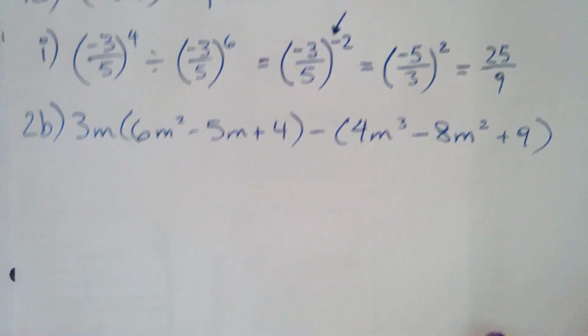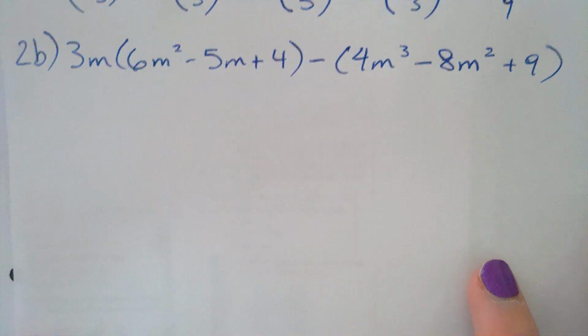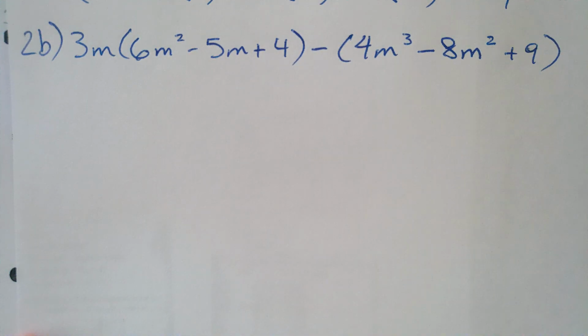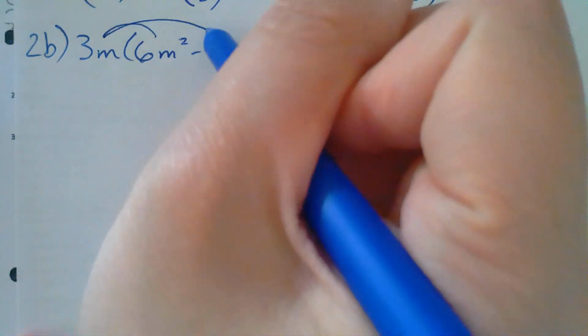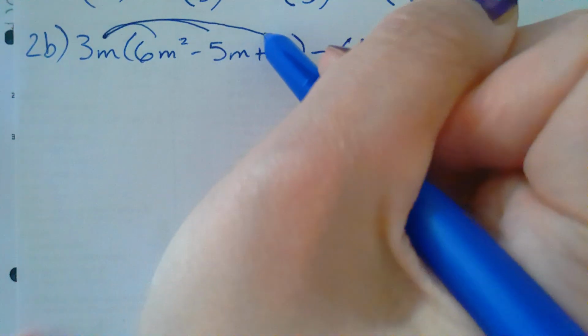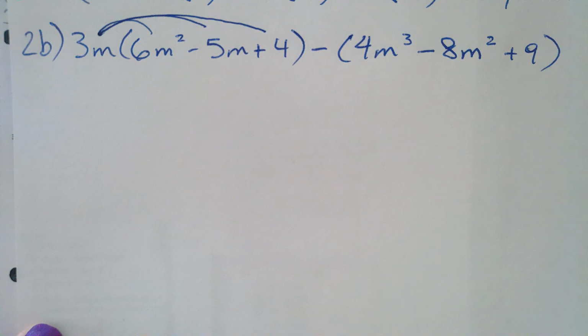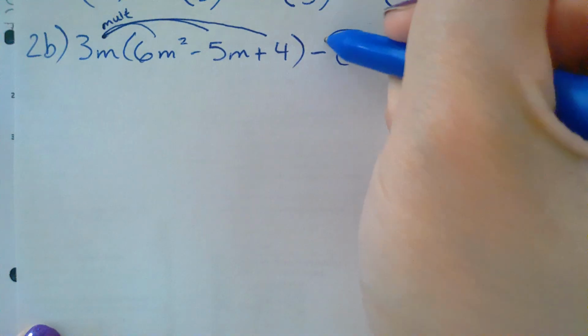Okay, because you were asking me at the beginning of class, when do I know to factor? When do I know to expand? So if you see brackets, it means you want to drop the brackets by expanding. What does expand mean? Add, subtract, multiply, divide. Gavin? Multiply, yeah. So expand means multiply. Same thing right here. I'm multiplying.